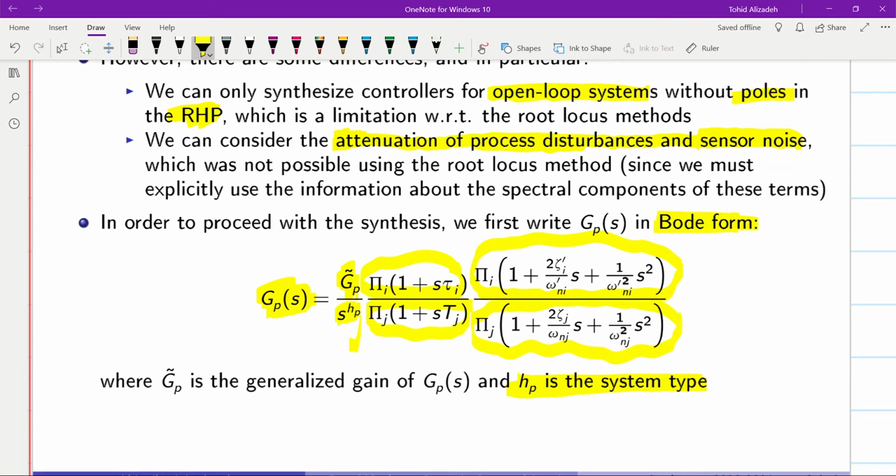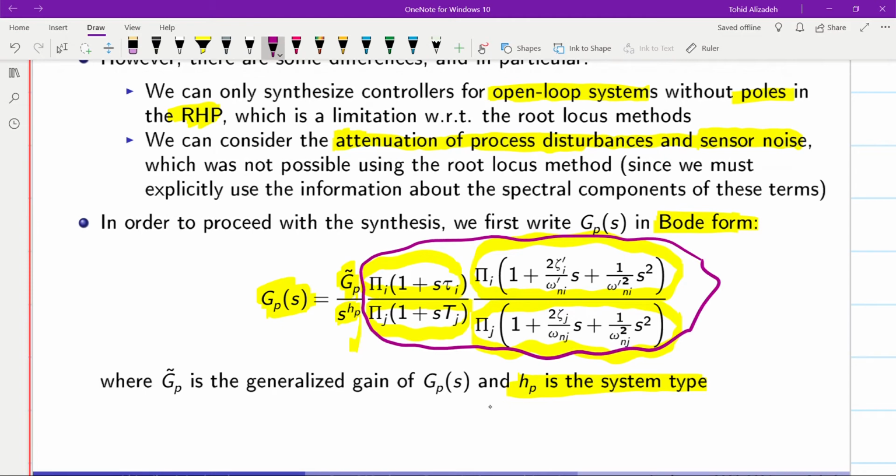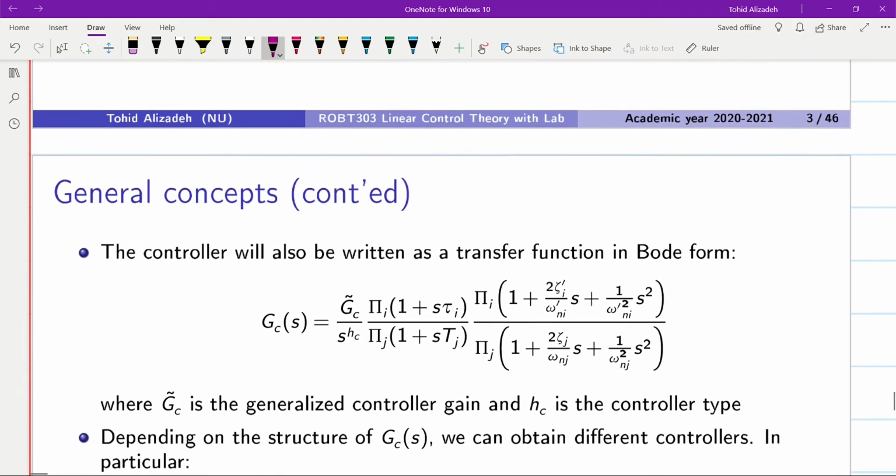You can see that for this part, if you replace s with 0, we will obtain 1. So if s is set to 0, then for the whole thing here we will get 1. GP tilde is the generalized gain, and HP again shows the type of the system.